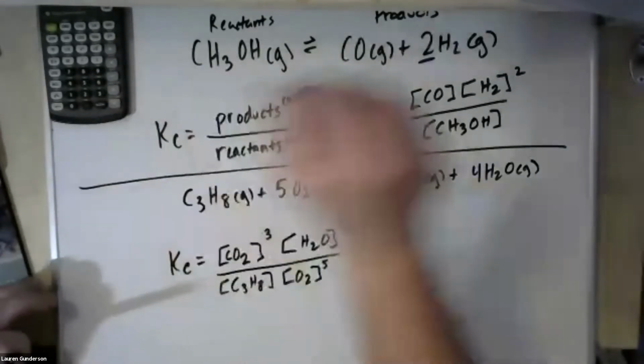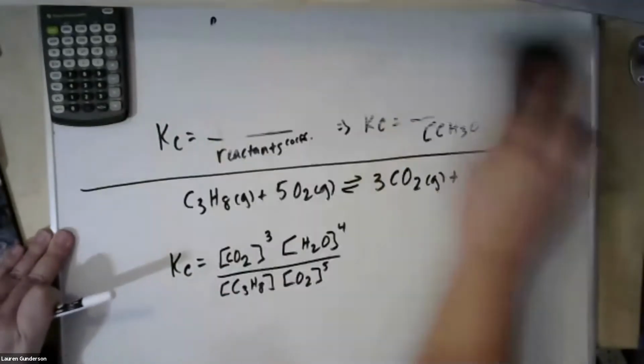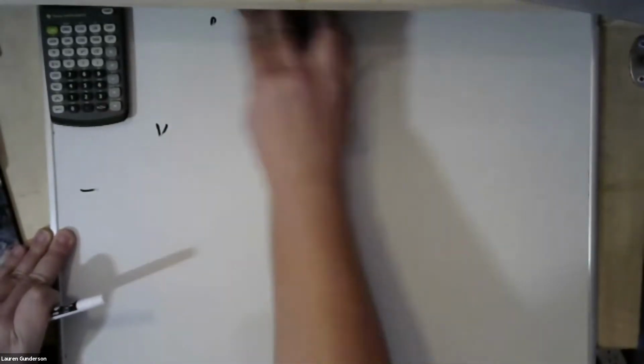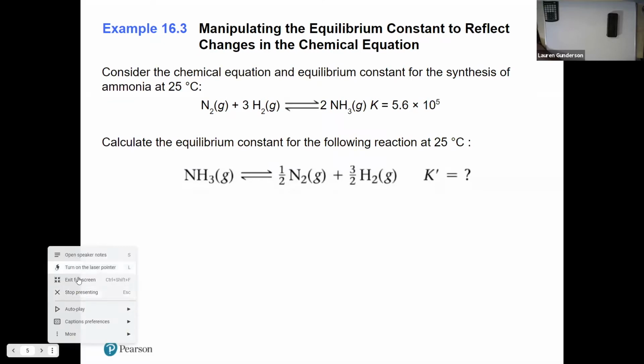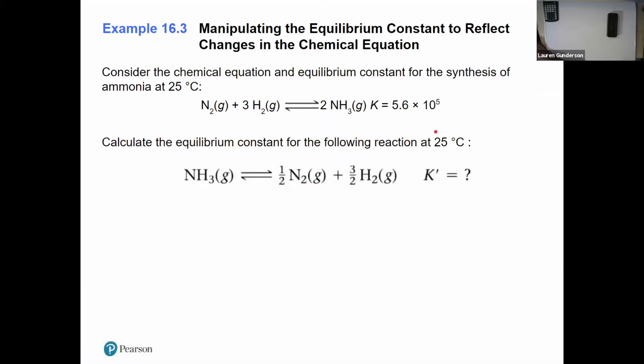The next question, I'll put this one up on the screen so you guys can look at it. The next question we're going to look at gives us an overall equation. Let me find my little laser pointer. So it's giving us this overall equation and a corresponding K value.